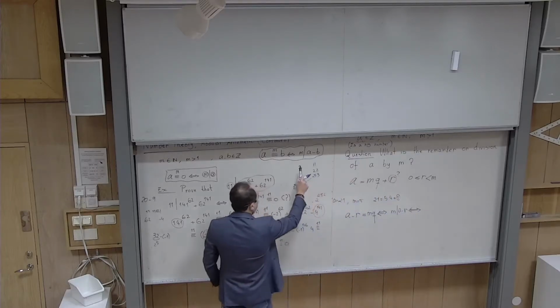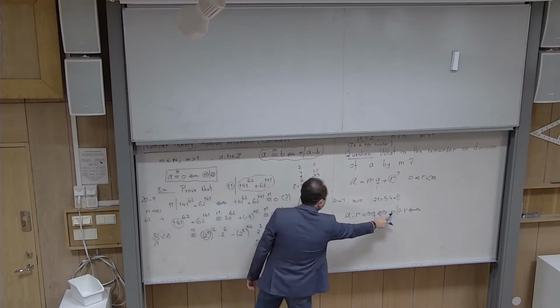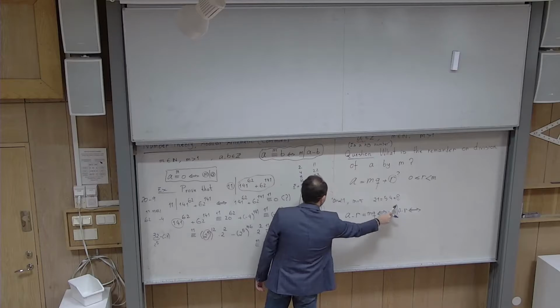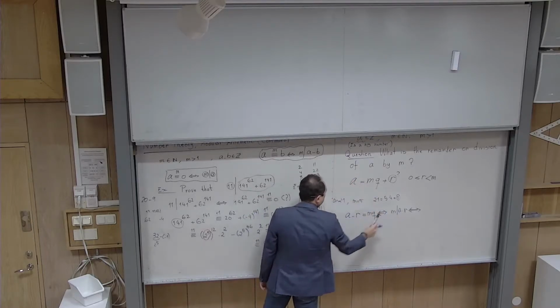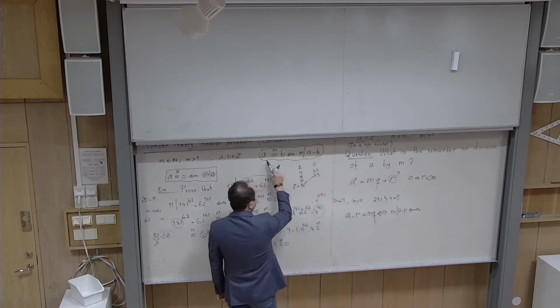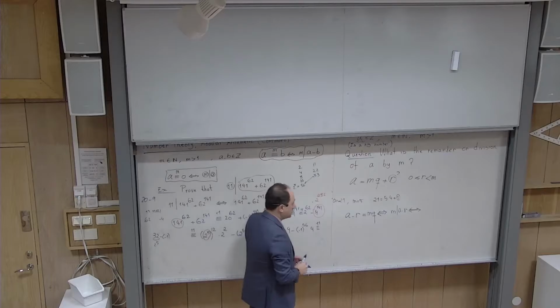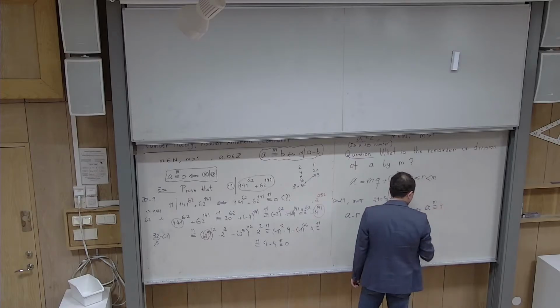You see, compare the last statement with this statement. m is the same m, a is the same a, but instead of letter b, I have letter r. So I can translate this divisibility statement into a congruency statement. This means that a is congruent to r modulo m.